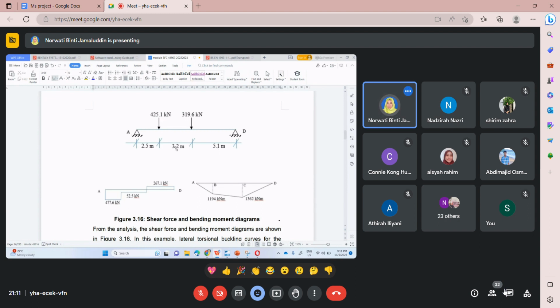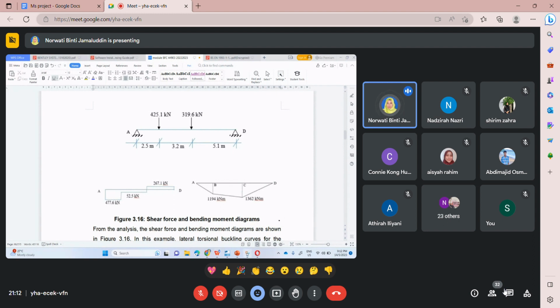5.1. What about 3.2? I could not avoid 3.2 because I know 3.2 is much shorter than 5.1. But the thing is, at segment 3.2, I have 2 moments. At B, I have 1000 something. At C, BC has maximum bending moment. So I cannot avoid this segment.